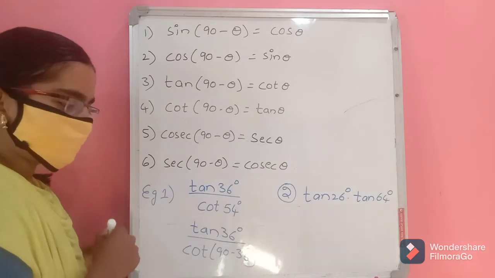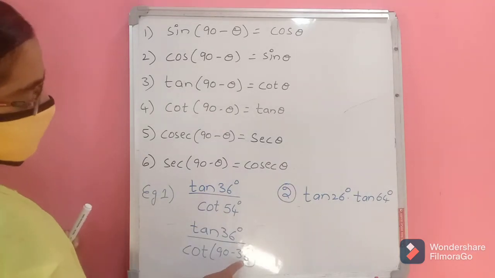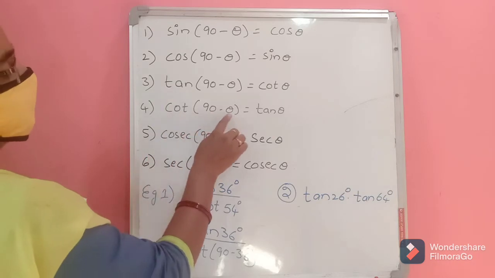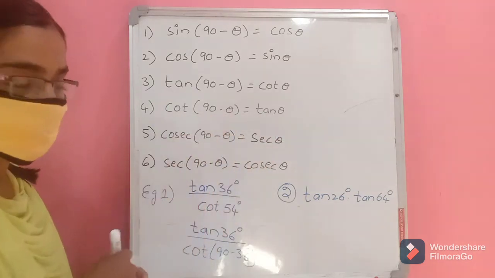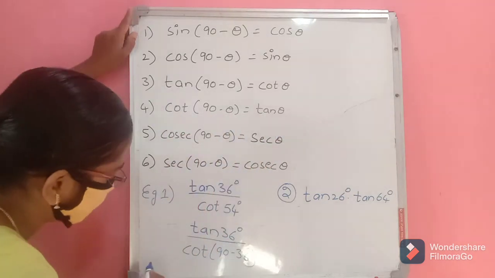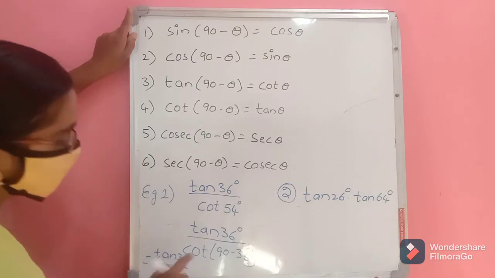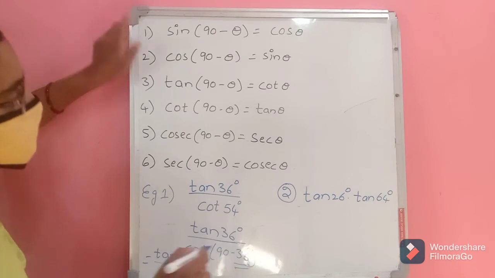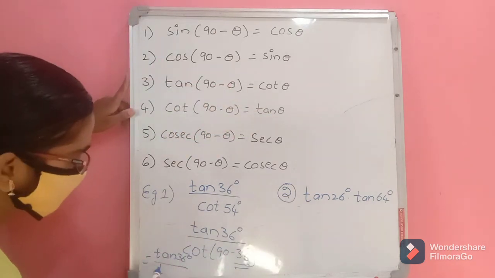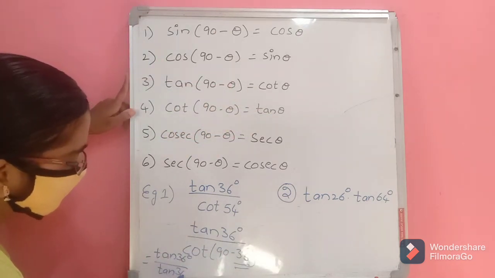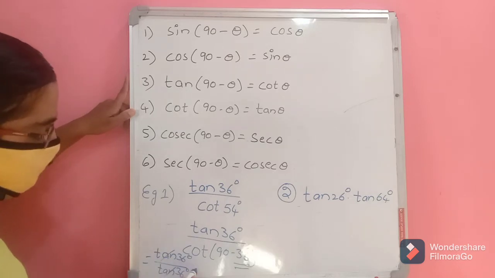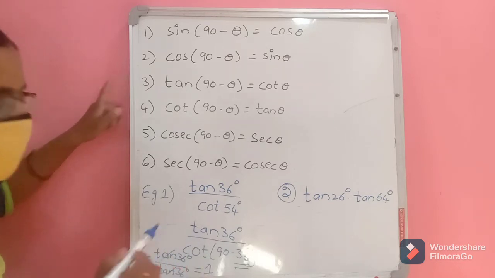So this is in the form of 90 minus theta. Cot 90 minus theta is equal to tan theta. So tan 36 degrees by cot 90 minus theta, which is equal to tan theta, means that is equal to tan 36 degrees. Tan 36 cancels. We get value 1.